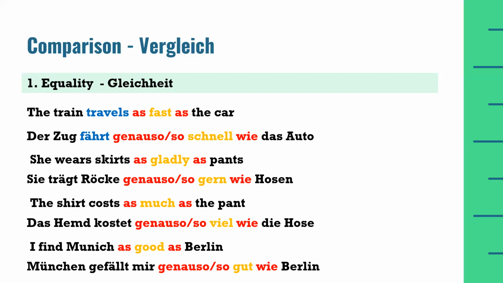And because this is a dative verb, we will use the dative object for the personal pronoun "ich", which is "mir". Then comes "as good as". In German, it will be "genauso gut wie" or simply "so gut wie". And then comes the second object, and the second object in this sentence is Berlin.